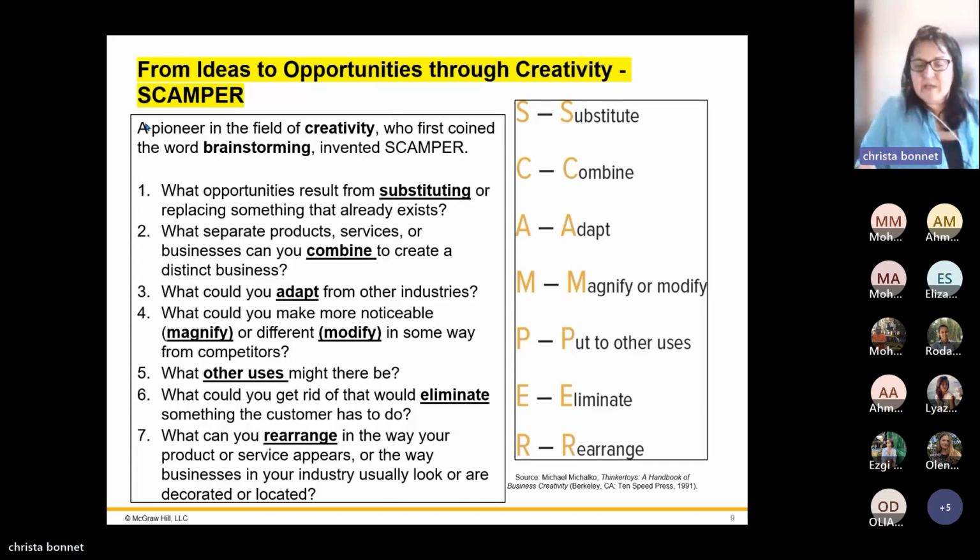So I'll give you an example. Is Ollie online? Ollie, can you hear me? Okay, let's have that. I'll use a different example.